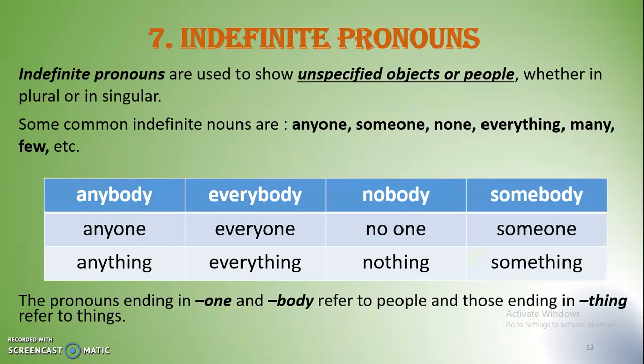The indefinite pronouns. Indefinite pronouns are used to show unspecified objects or people, whether in plural or in singular. Indefinite. It is not definite. Anything, right? Not a particular one, anything.